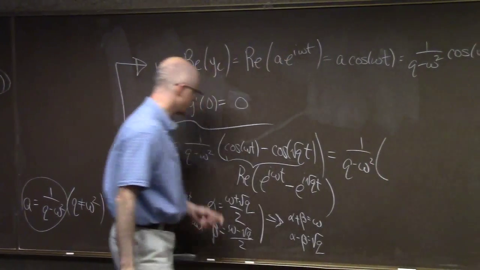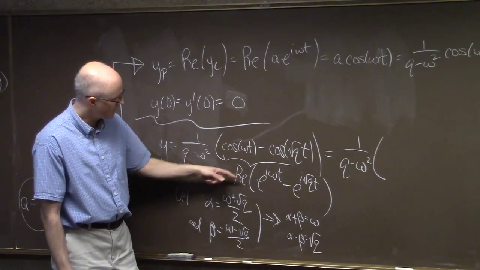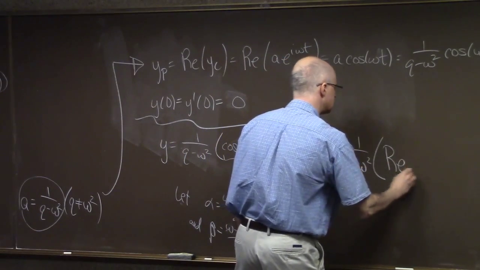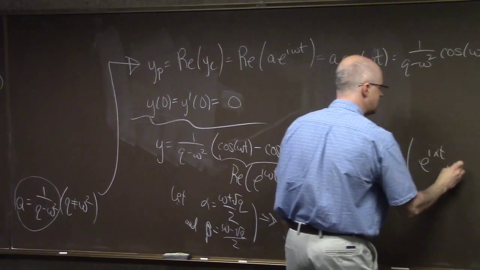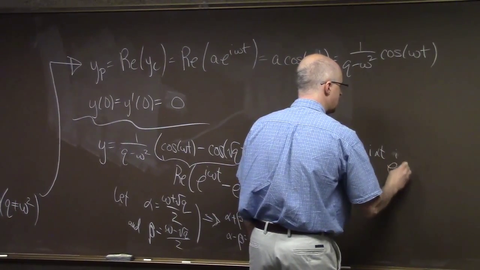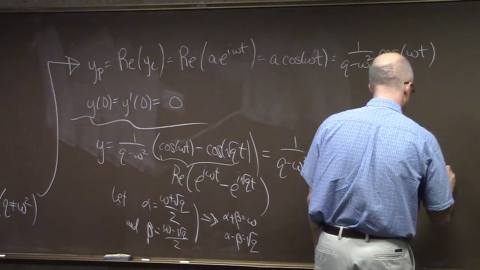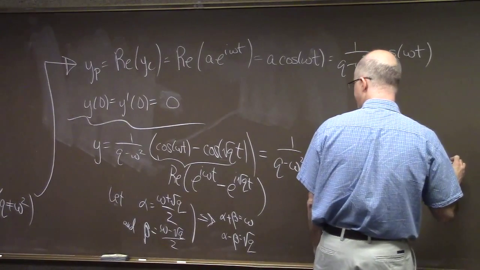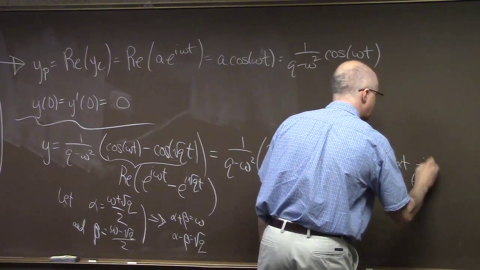And that's handy because that allows us to rewrite this expression here, this thing inside the real symbol, as e to the i alpha t, e to the i beta t, minus e to the i alpha t, e to the negative i beta t.